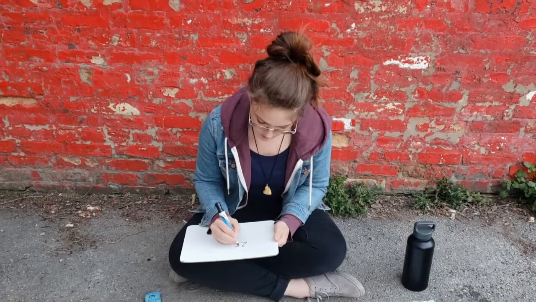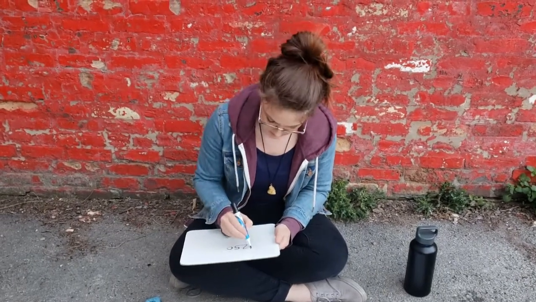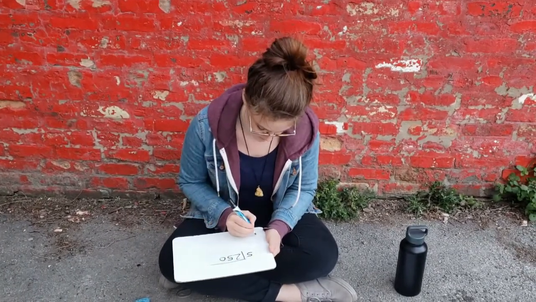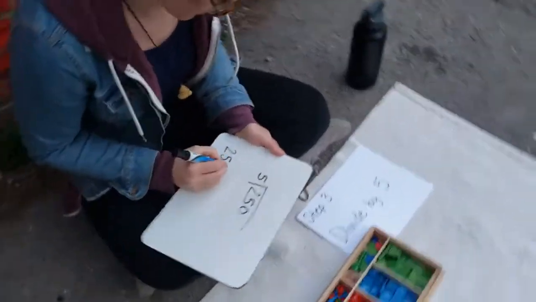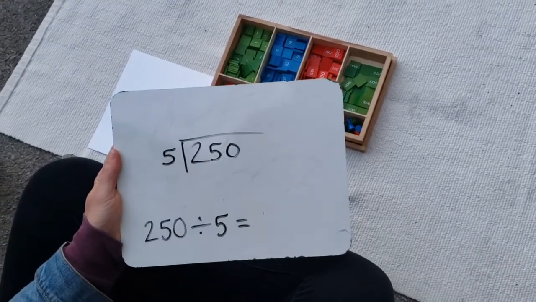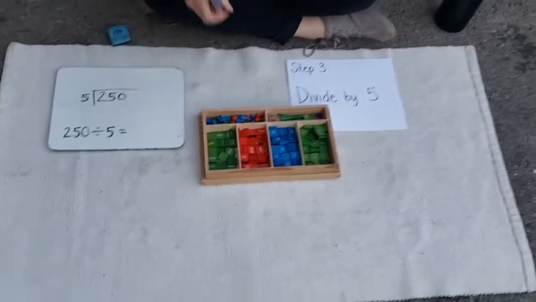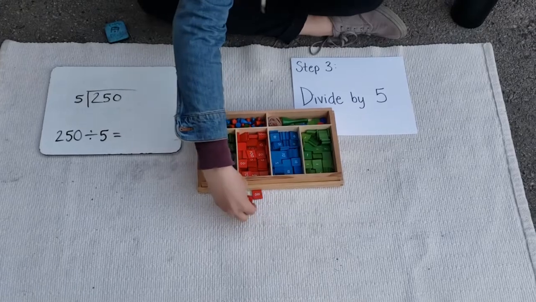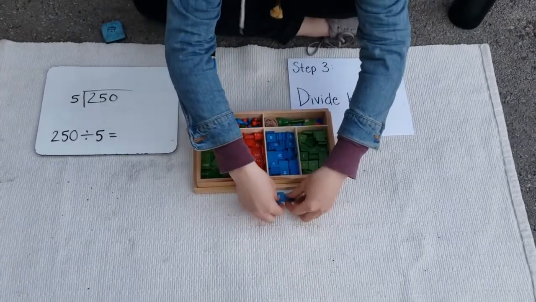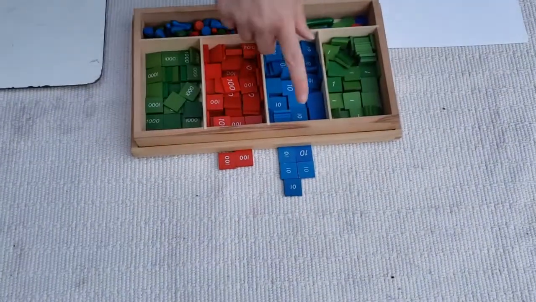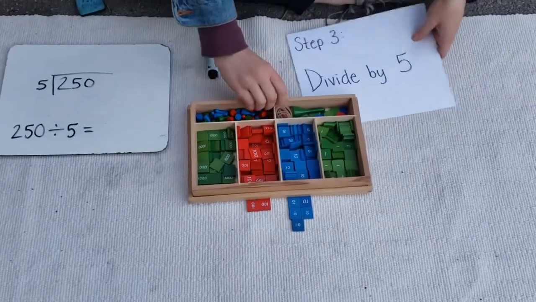Let's try that same equation with stamp game. You could always do it with test tubes as well. You can think of it this way or this way. Remember, division problems can be written either way. All right, so if we have 250 divided by 5.